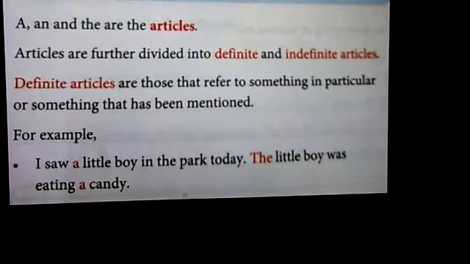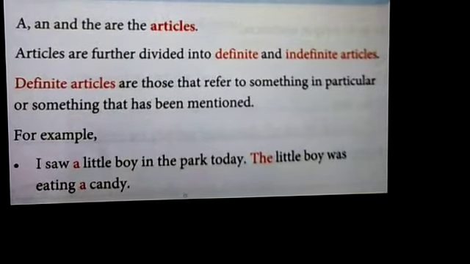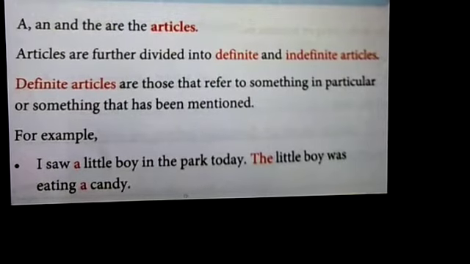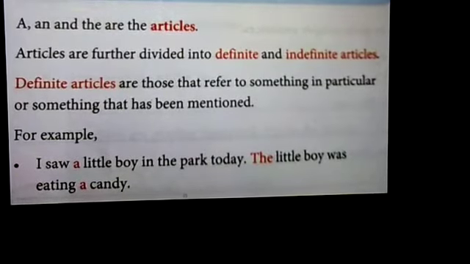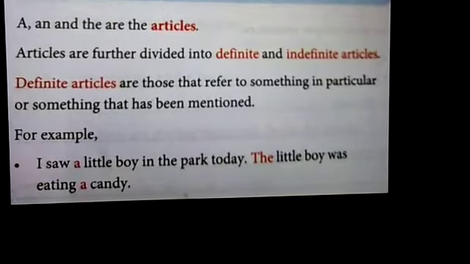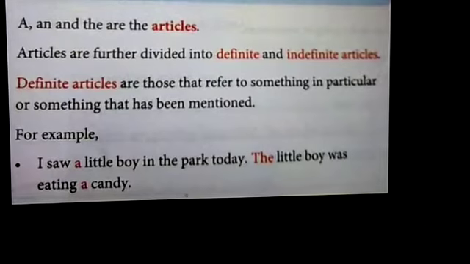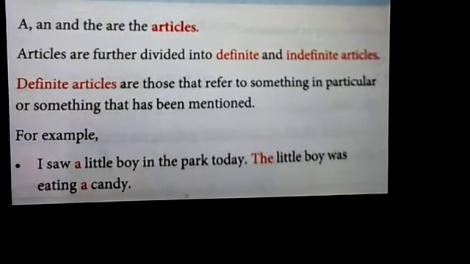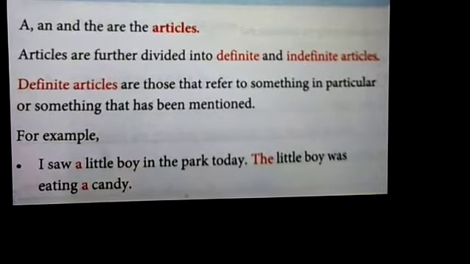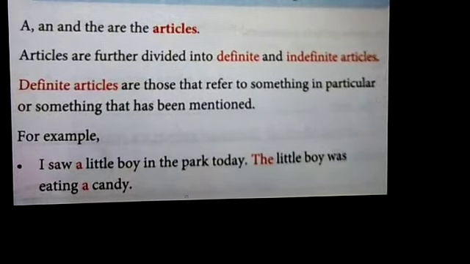See, definite article, the little boy. At first, I saw a little boy. So, a is an indefinite article. And a little boy becomes the little boy because it becomes a definite article. So, the little boy was eating a candy.